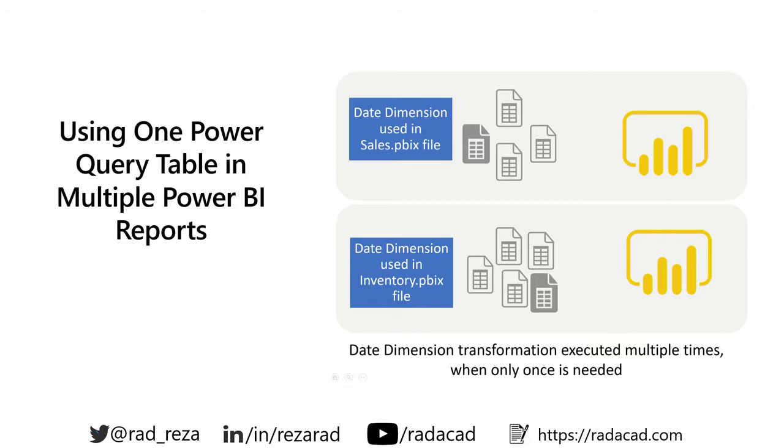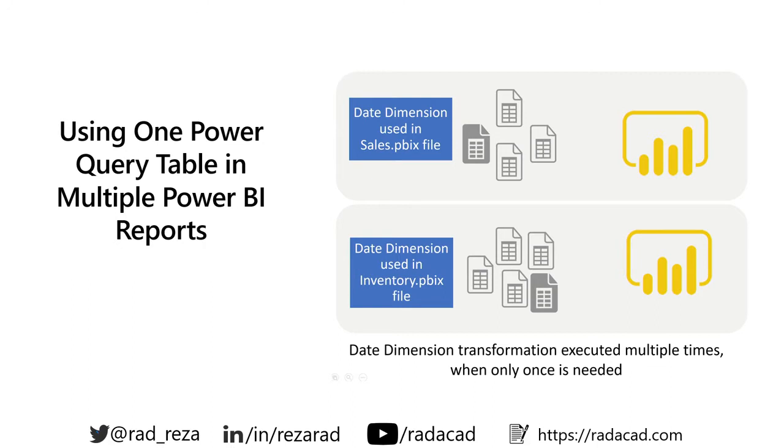To have one single version of your source code. To have one single version of your source code. To have one single version of your source code. To have one single version of your source code. To have one single version of your source code. To have one single version of your source code. To have one single version of your source code.